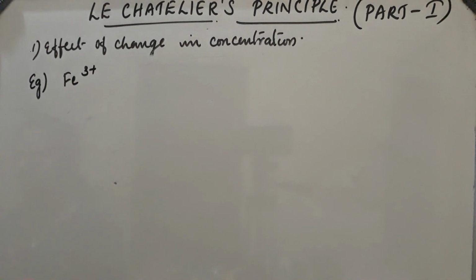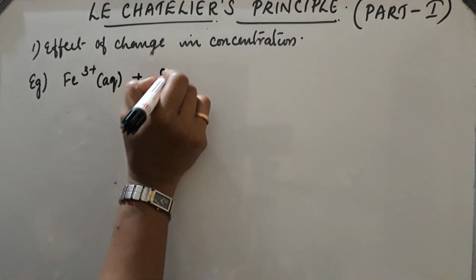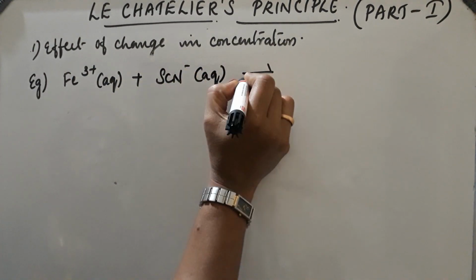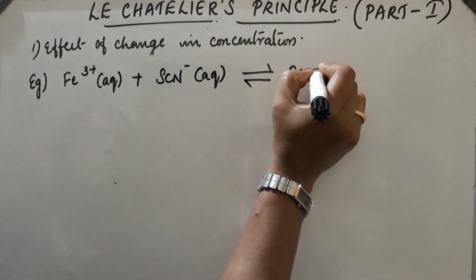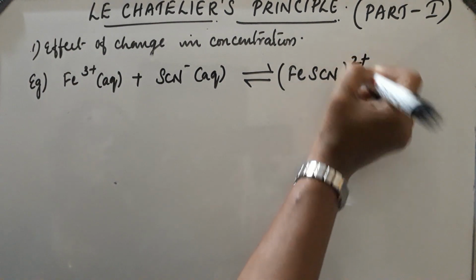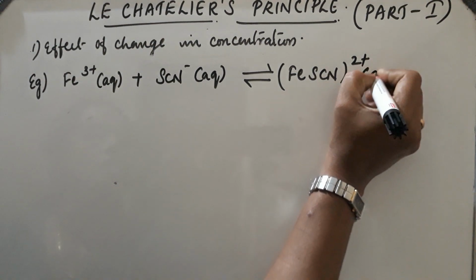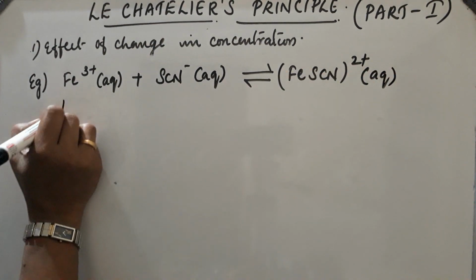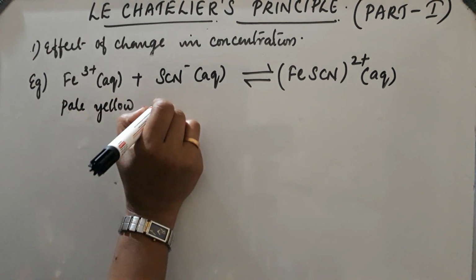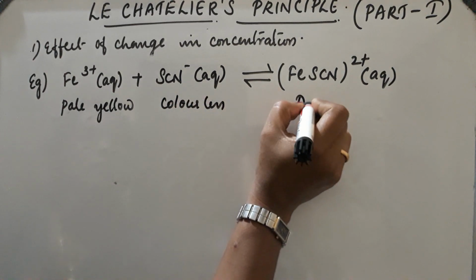Ferric salt solution plus thiocyanate solution gives the FeSCN complex ion. The ferric ion is pale yellow in color, the thiocyanate is colorless, and the complex is deep red.